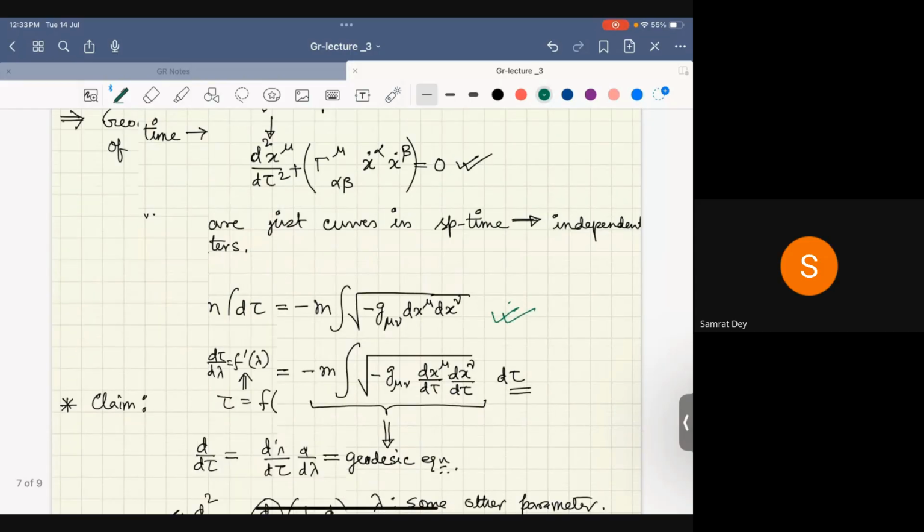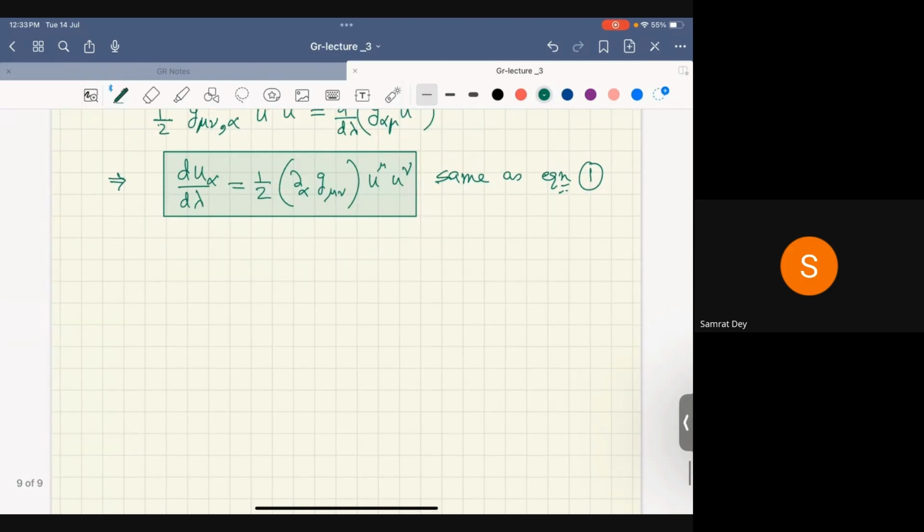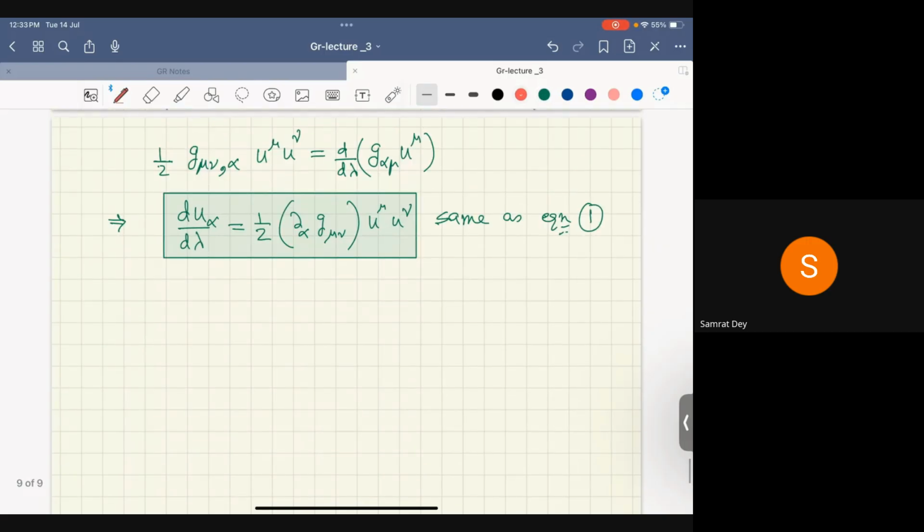But what it says is that if you choose a different form for the action, you get the same geodesic equation with which you have started with. Of course, provided lambda is an affine parameter, then only this is going to happen.